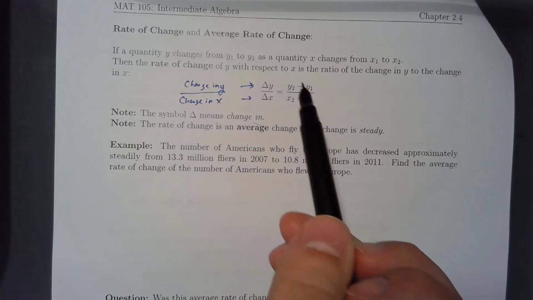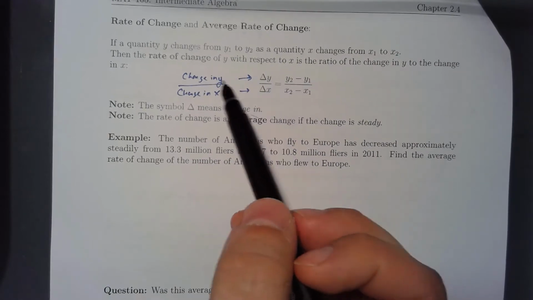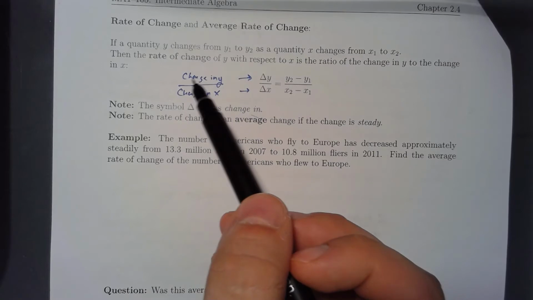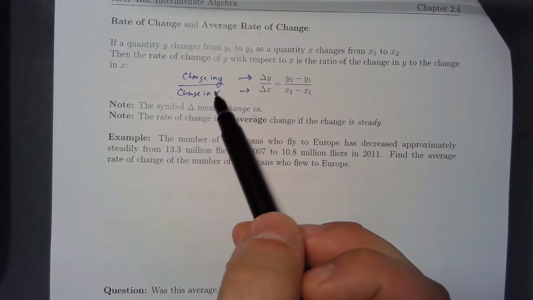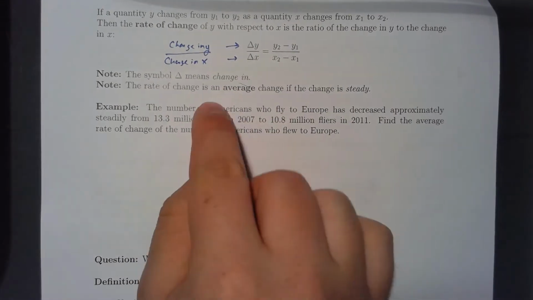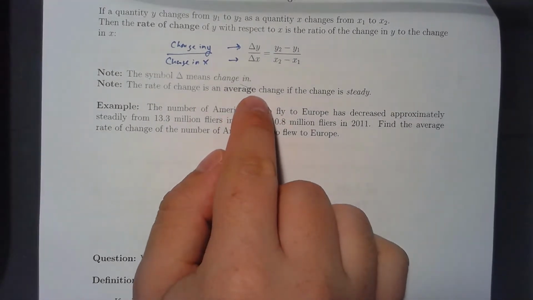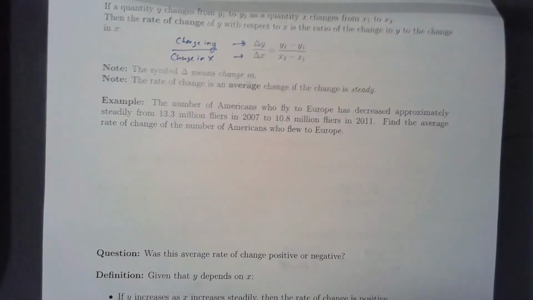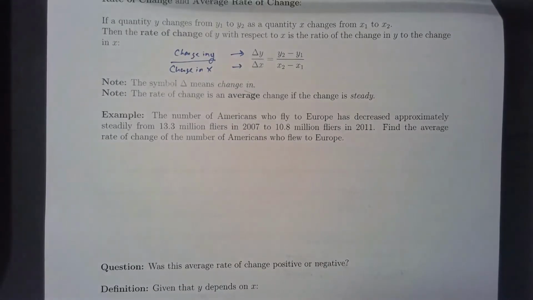The average rate of change is the same thing as the slope formula, except it has another interpretation. We could just call it the rate of change between two quantities. The rate of change is an average change if the change is steady. Like the example we just did, the ocean's tide increased steadily, so that was an average rate of change.